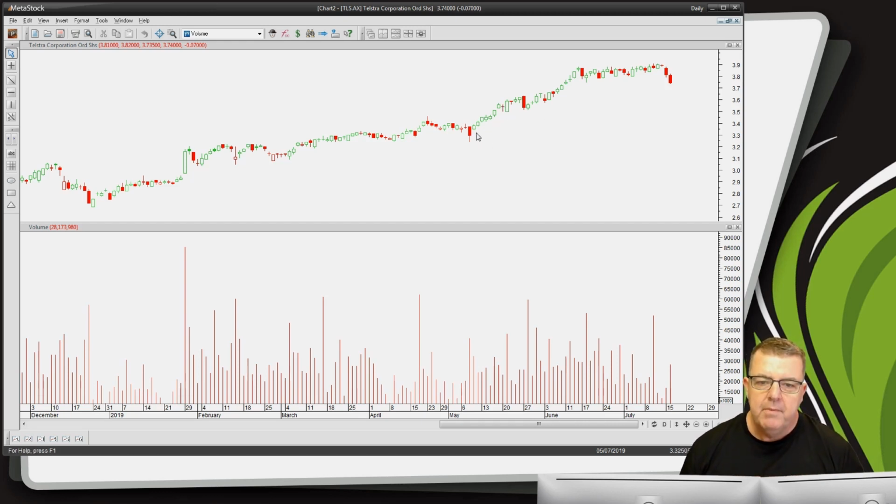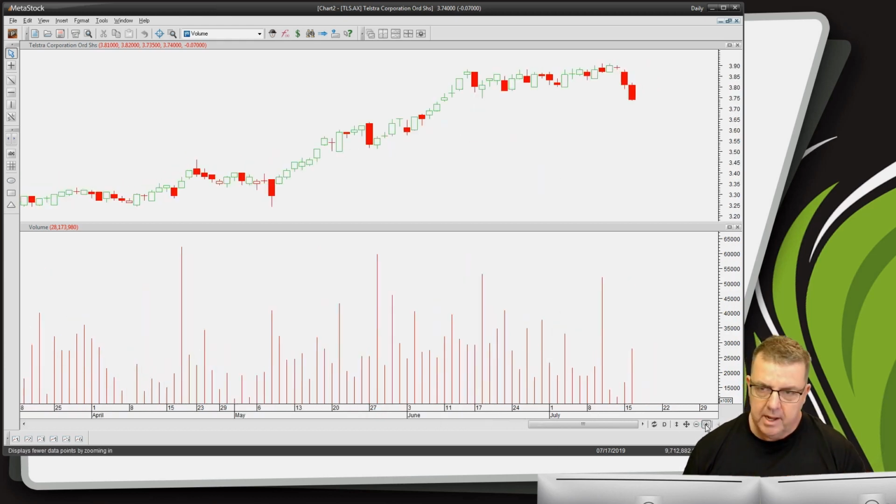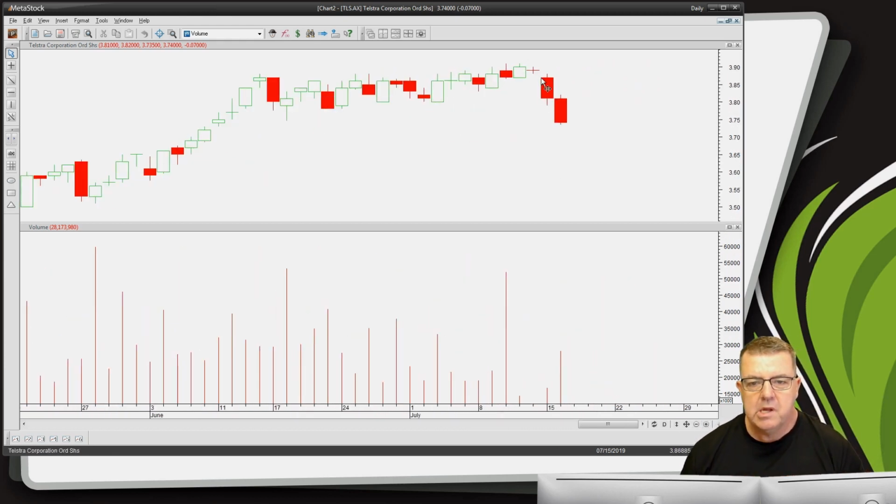The red candles have been a down day, which means the open is up here and the close is down here, as opposed to a green candle, which has been an up day. That indicates the price has closed higher than it opened.